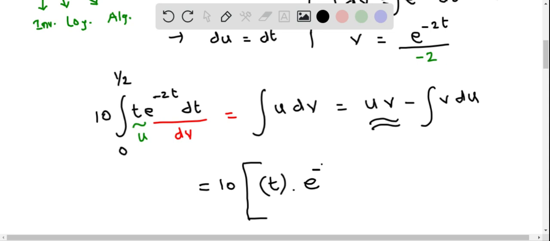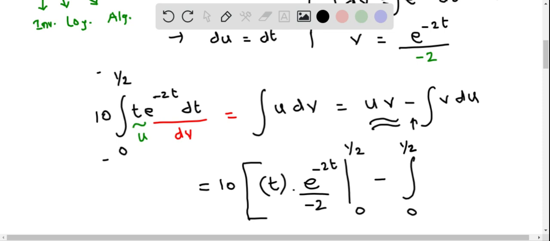Since this is a definite integral from 0 to half, we have to evaluate this expression from 0 to half, minus, I put this negative, and then we have this integral of v du. So this is a definite integral, so I put the limits 0 to half, and then we put this v, that is e raised to the power of negative 2t divided by negative 2, and then du is dt. So we replace du by dt. Now let's close this square bracket.